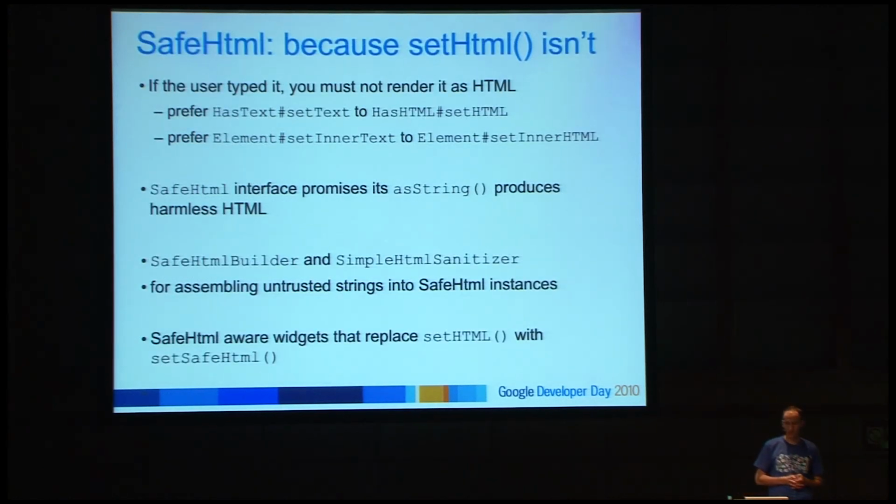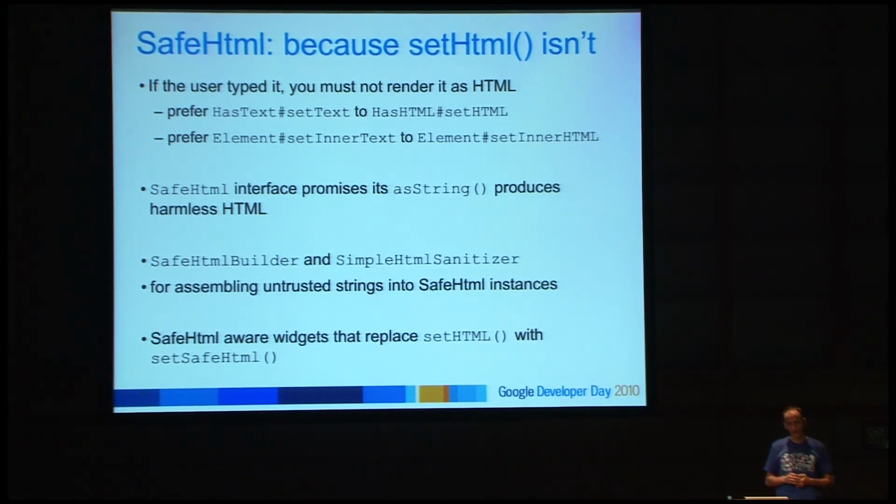So how does this work? Really you replace set HTML, which is not safe if the user supplied the HTML. Also, set inner HTML is not safe. You can do set text and set inner text, but that removes any capability for formatting.